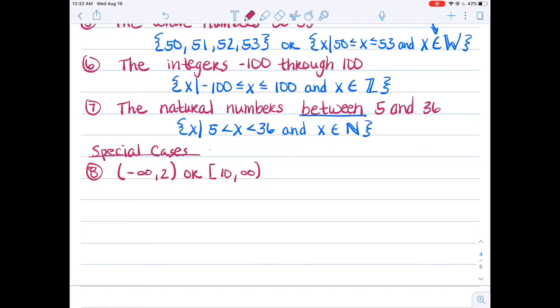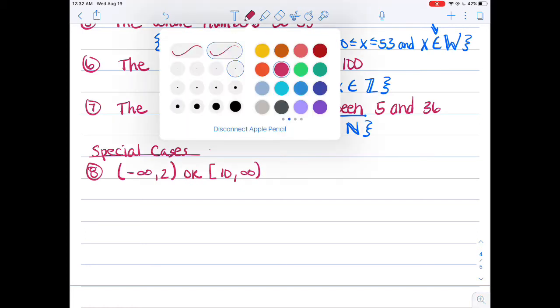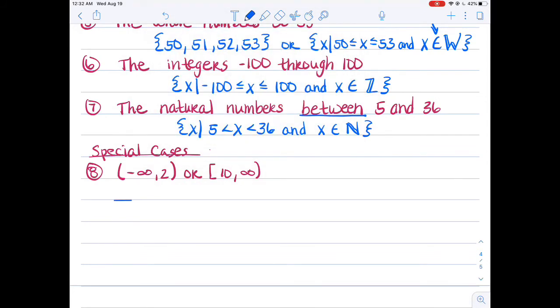Let's think about that for a second. So if we were to draw a number line for that, I've got negative infinity over here. I've got 2 somewhere and 10 and positive infinity there. I know that I'm headed towards negative infinity or I'm headed towards positive infinity, but my critical points are 2 and 10 gets a filled in circle. All right, so I'm somewhere between negative infinity and 2 as one possibility.